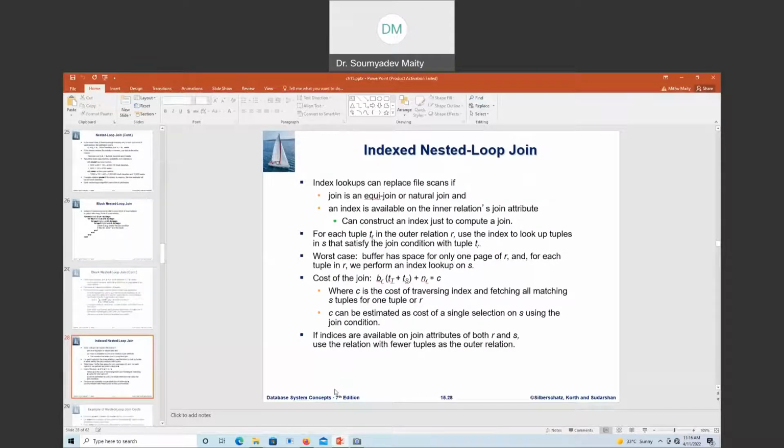Now the next algorithm is indexed nested loop join. From the name itself you can understand that you can apply this algorithm only when there exists an index. Now on which relation should the index exist?